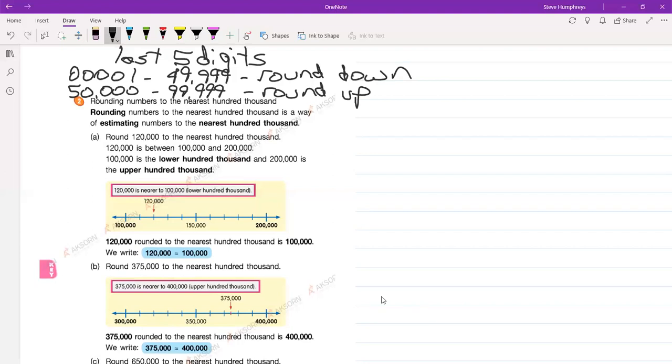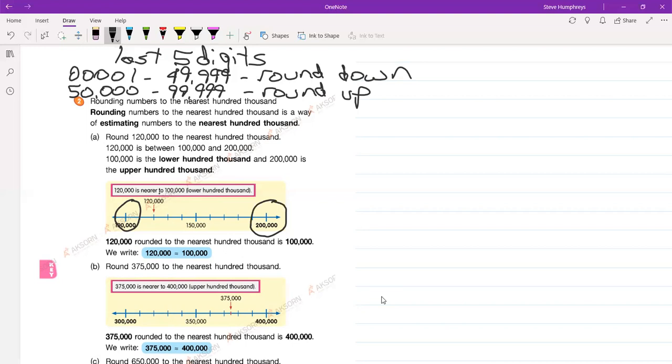Okay, let's have a look at this number line. That's your lower 100,000. That's your upper 100,000. It's 200,000. The range is 100,000.